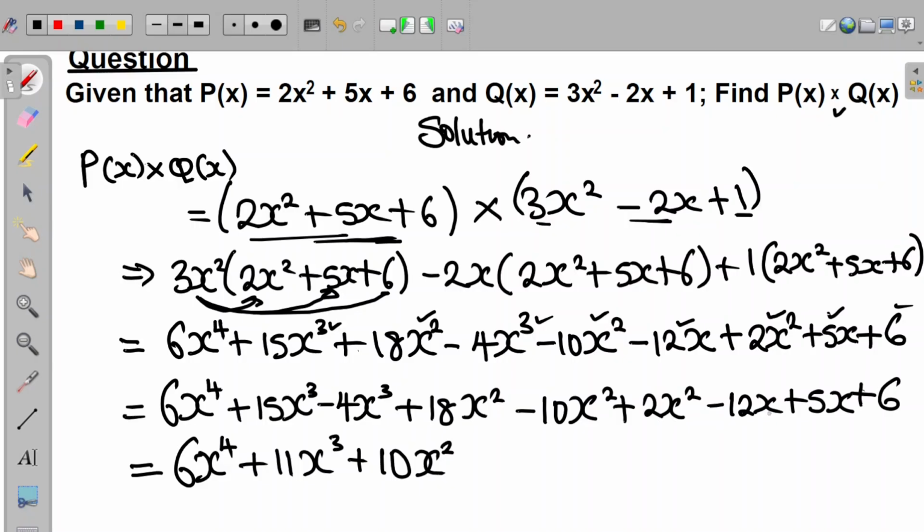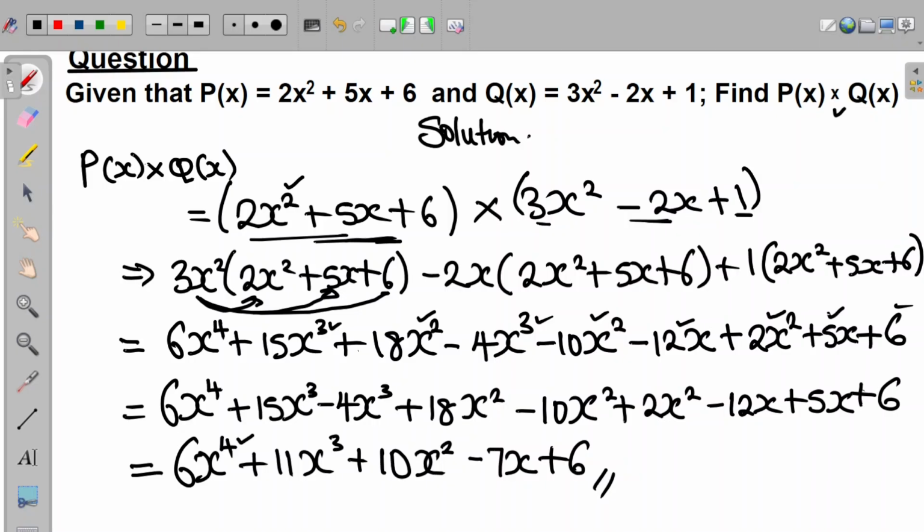Minus 12x plus 5x is giving us minus 7x plus 6. Now we said that when we multiply two or more polynomials, we have a higher order polynomial. Looking at our polynomial, the highest power there is 2, but the result of our multiplication gave us the highest power of 4.